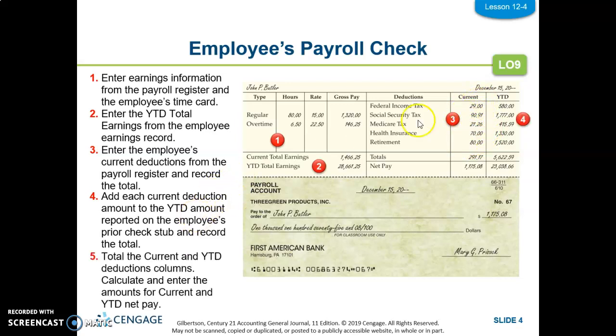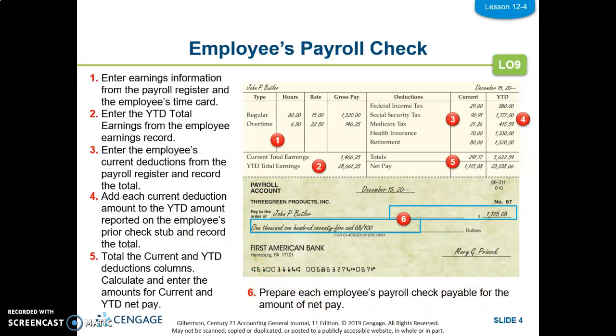And then we'll add each of those year-to-date numbers from the previous period, add the current to get to where we are now. And we do that for all the earnings. Here's year-to-date earnings. Here is all the year-to-date deductions and the net pay. So we do it for all pieces. And then we prepare the payroll check for the amount of the net pay like I had talked about.